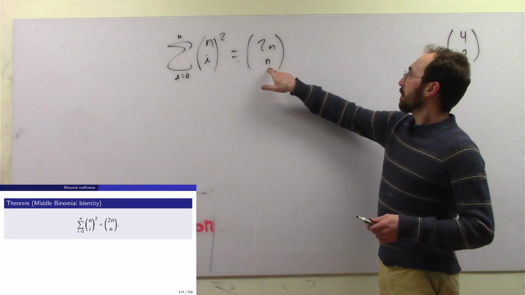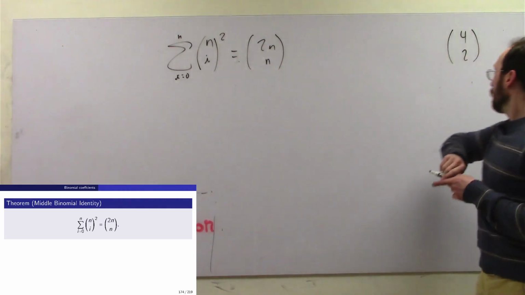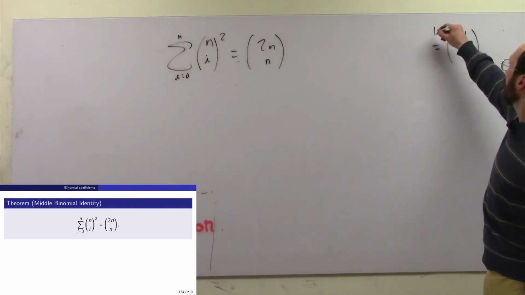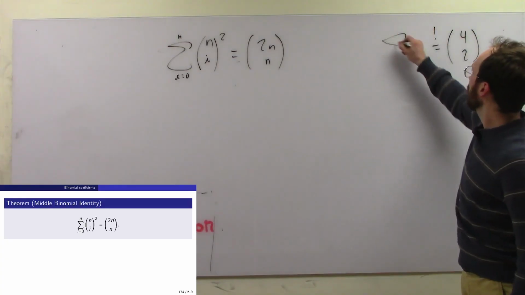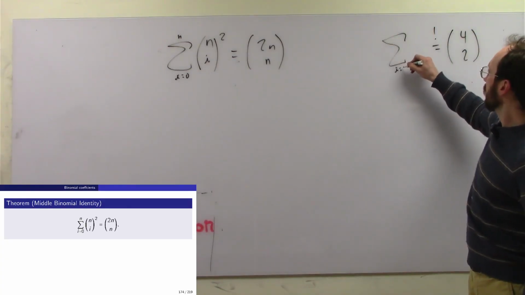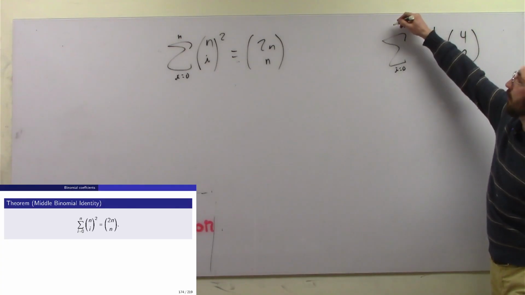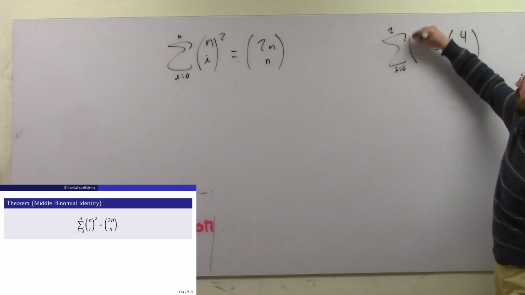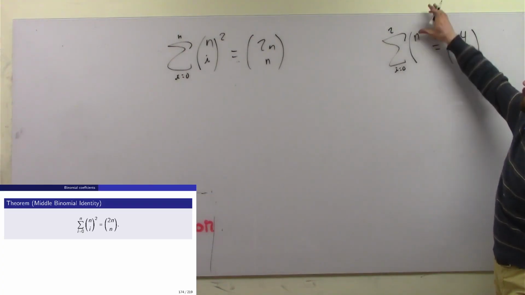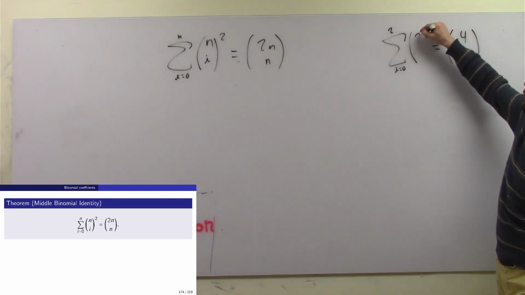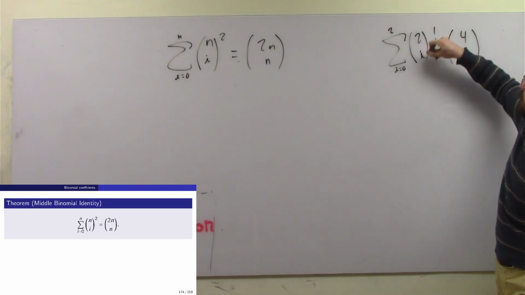That is, if I picked n to be 2, we claim that this is the same as if we take the sum from 0 up to 2 of the squares of 2 choose i.